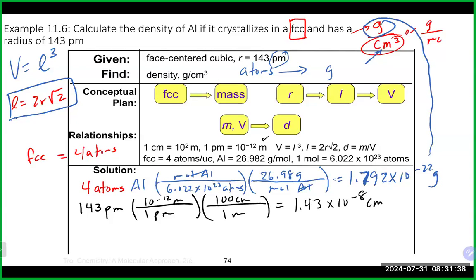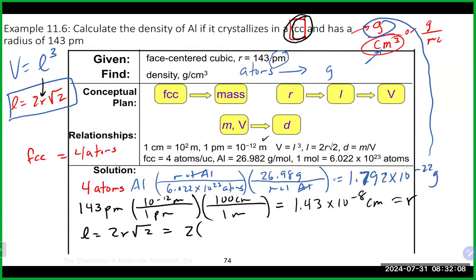Now remember that that is not my length. That is really my radius, or R, right, which was given to us. So that is really this number right here. So we do need to use the length here, which is 2 times R times the square root of 2. That again is also specific for face centered. If you have a simple cubic or body centered, you would have a different calculation for the length. But that is what we do for this one.